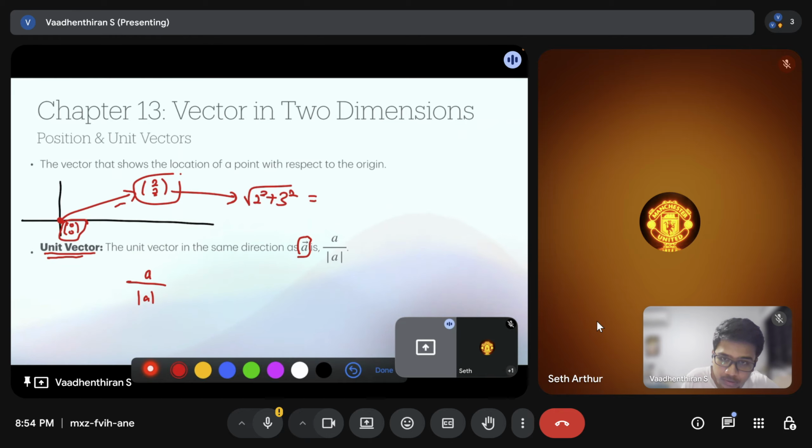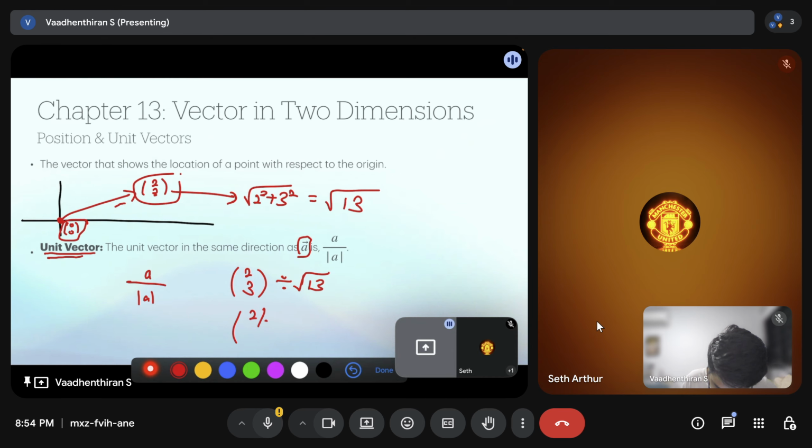You know how to calculate the magnitude, right? 4 plus 9, which is 13. So the square root of 13 is the magnitude. So what you do is (2, 3) divided by the square root of 13. Then you can bring it in: 2 divided by square root of 13, 3 divided by square root of 13. So this is your unit vector.